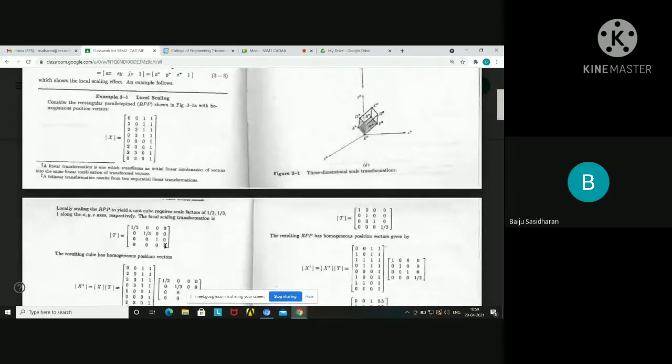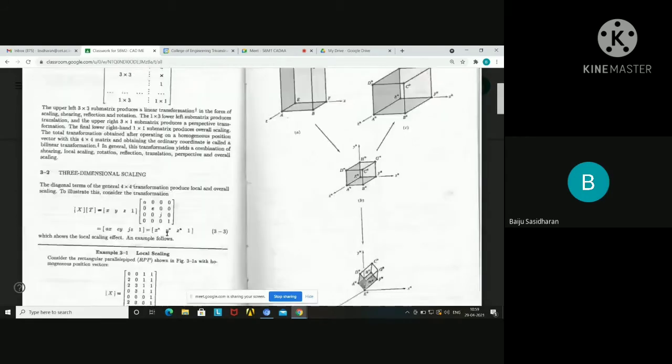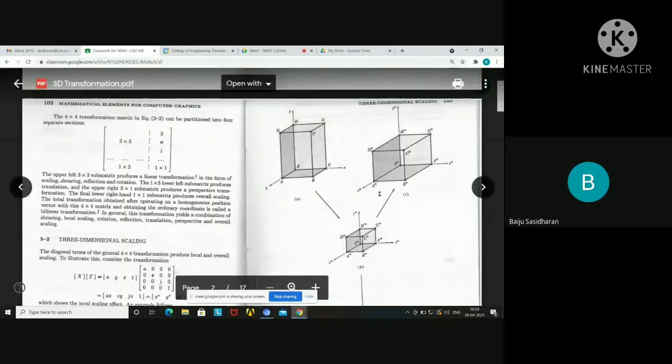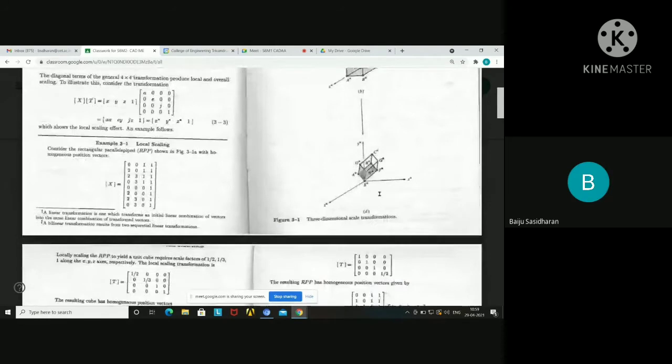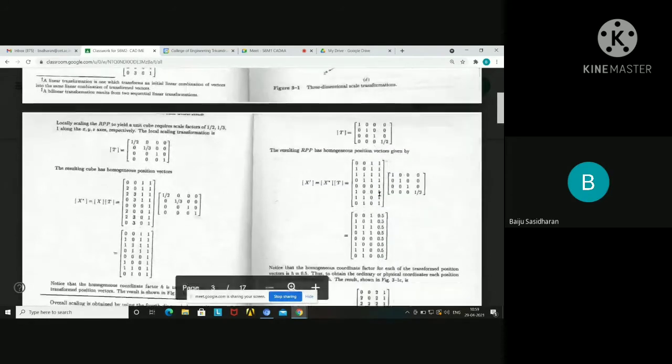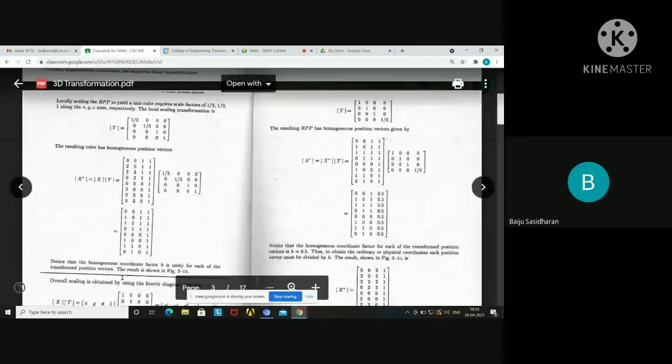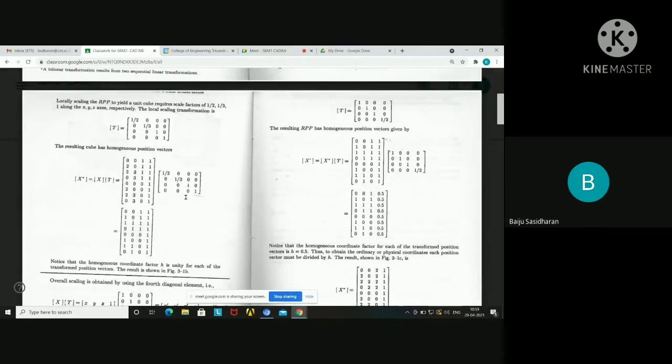And you see the parameters are 1 by third, 1 by third. Okay, therefore according to that, the scaled object will come like this. So you multiply the initial coordinates with the scaling and you will get this one. And after that you have to draw the coordinates in order to visualize the final object. Okay.